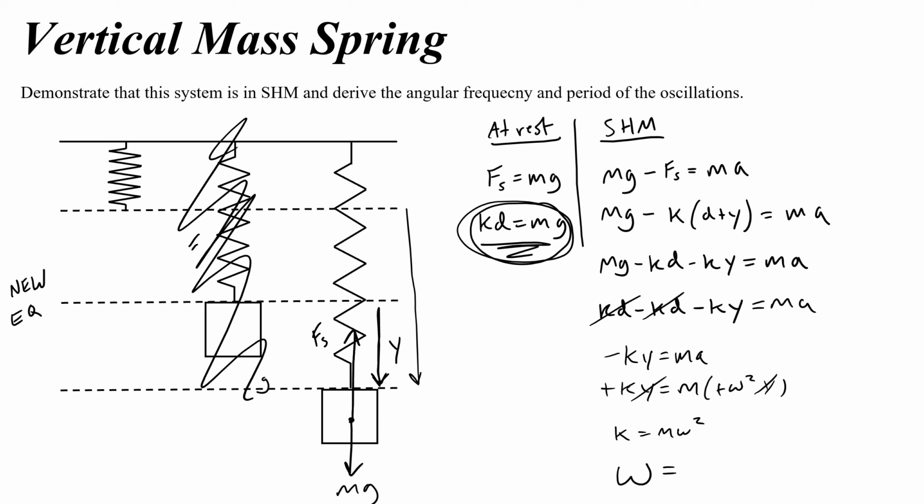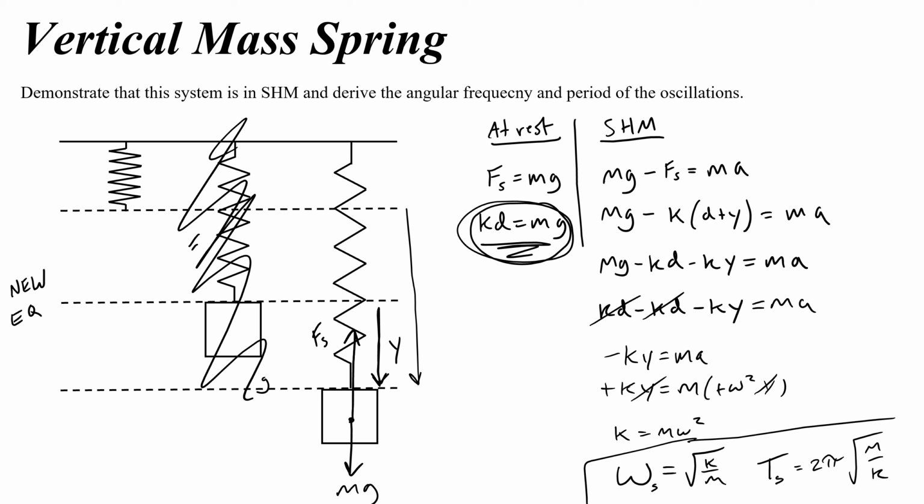So the angular frequency is the square root of k over m. And then just like before, if we want to say the period, the period is going to be 2 pi, and then we flip that, m over k.